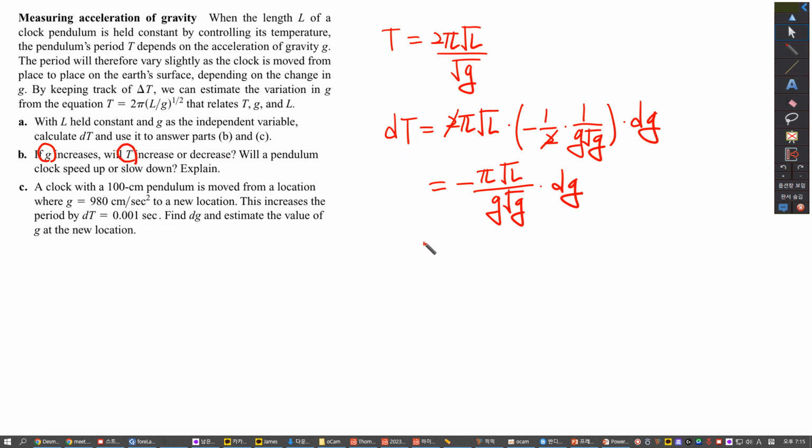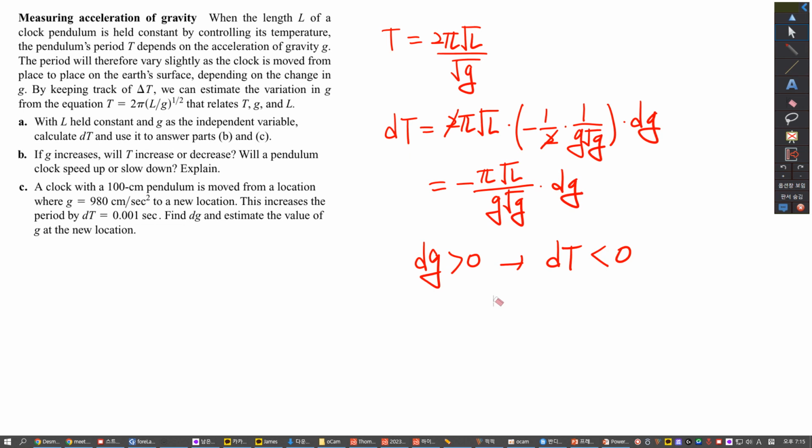When dg is positive, according to the equation, the dT becomes negative because of this negative sign. So when dT is negative, does it mean that T increases or decreases? Actually, it decreases because it's negative. If dT is negative, T decreases.